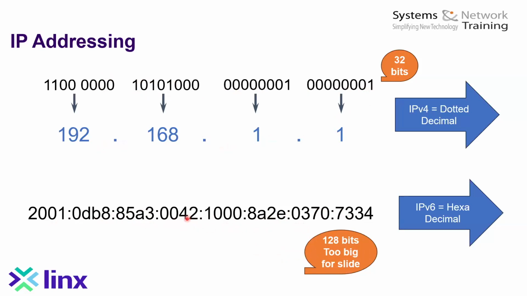But this number is represented by 128 bits in the same way that this number is represented by 32 bits if it's an IP4 address. And it's virtually impossible for humans to remember this, but that is nevertheless what it looks like.